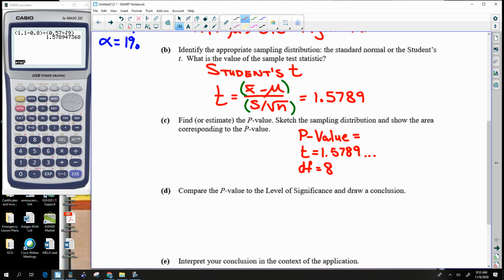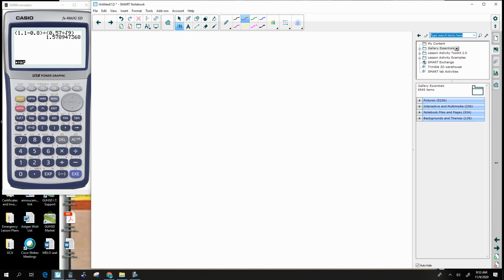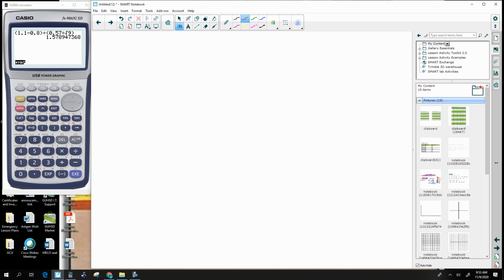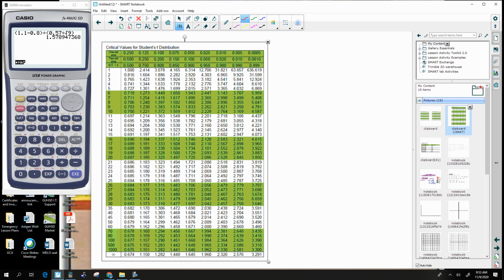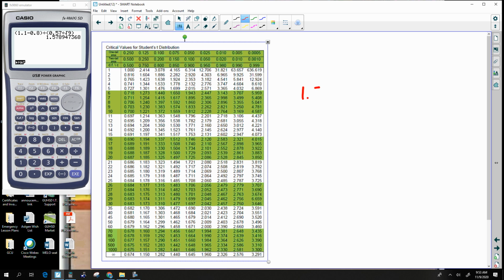So I go to the T table, degree of freedom of 8, looking for 1.5789.